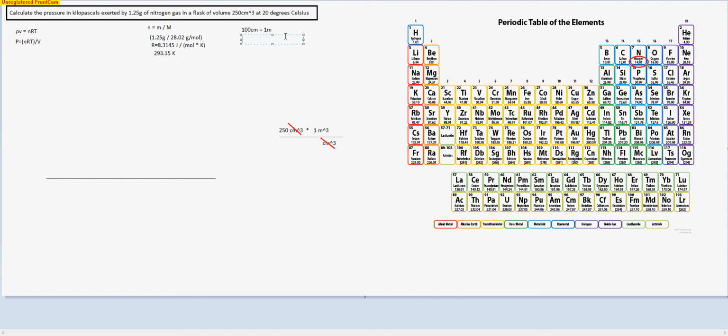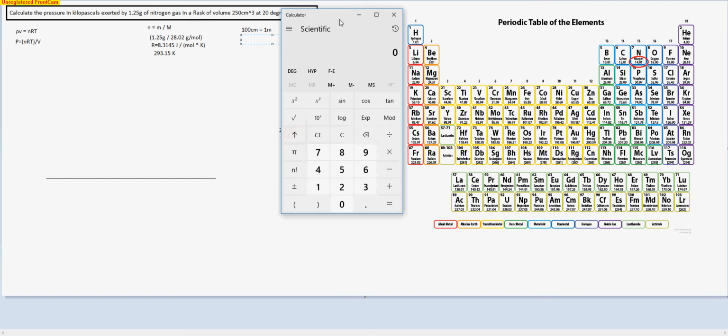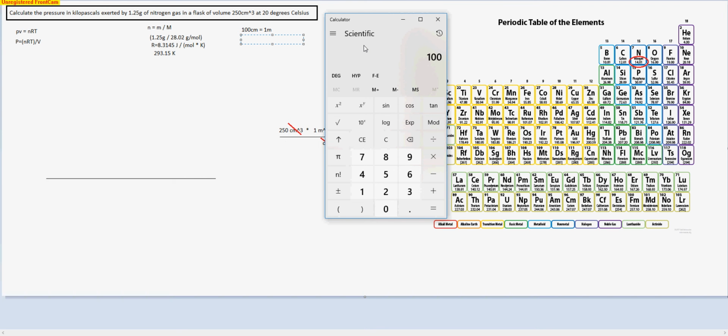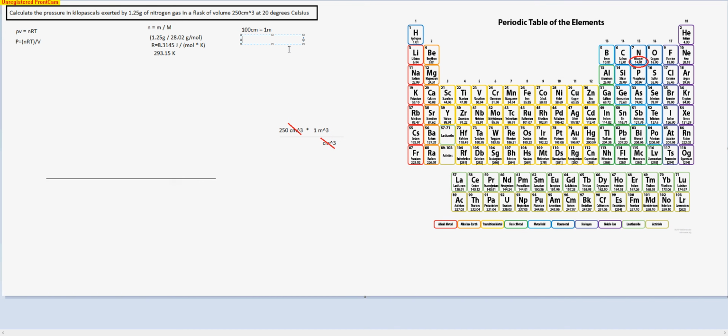1 times 1 times 1 is 1, and 100 times 100 times 100 is 1 million. So 1 million cm cubed is equal to 1 meter cubed.